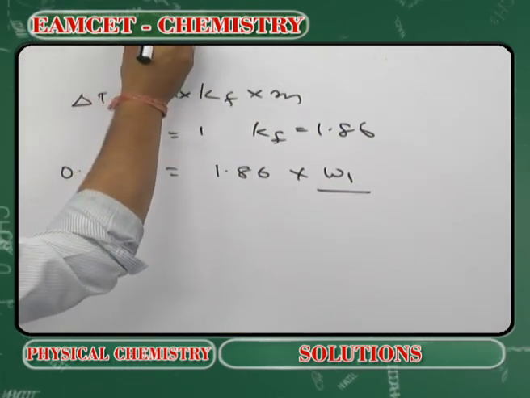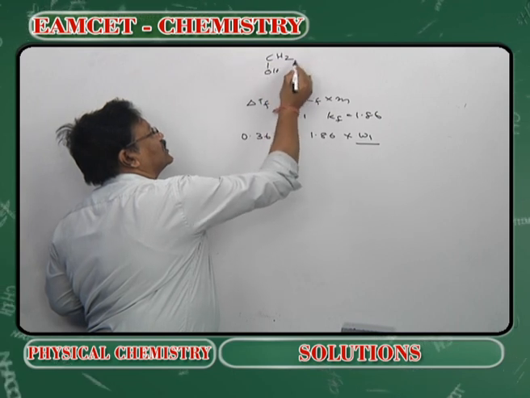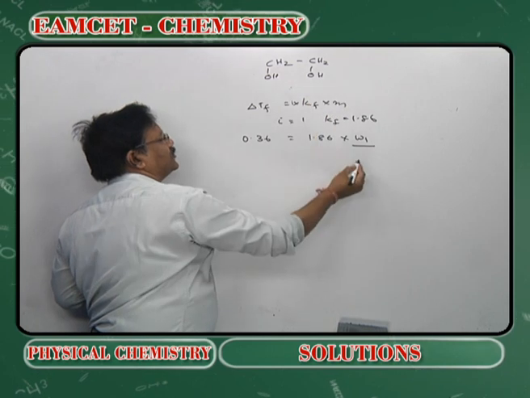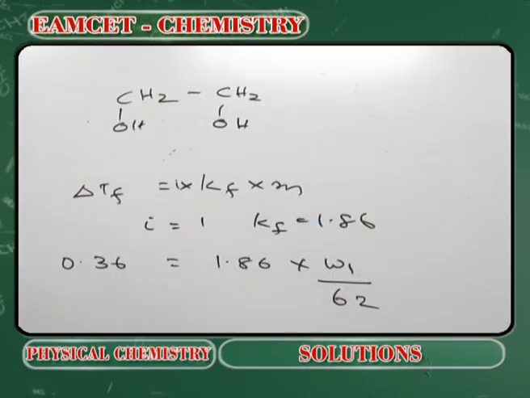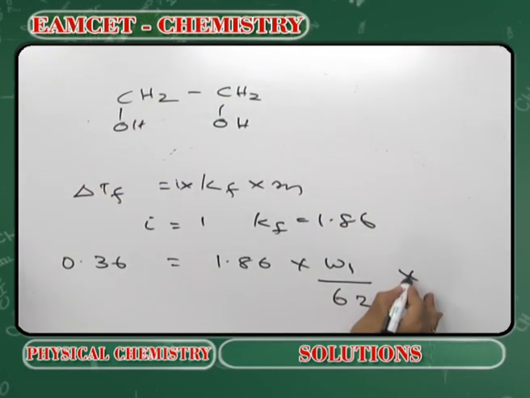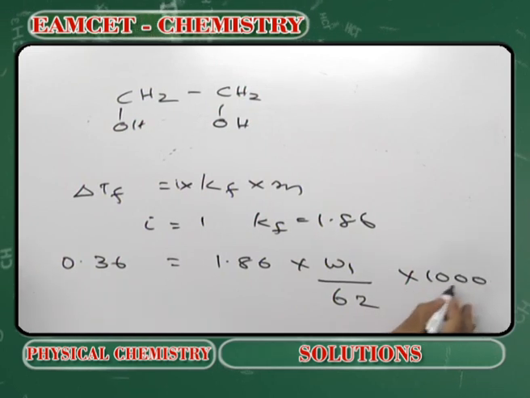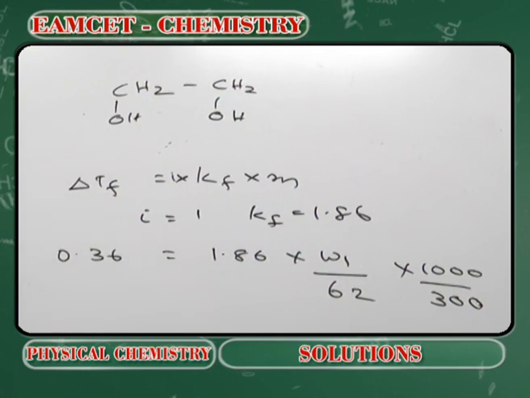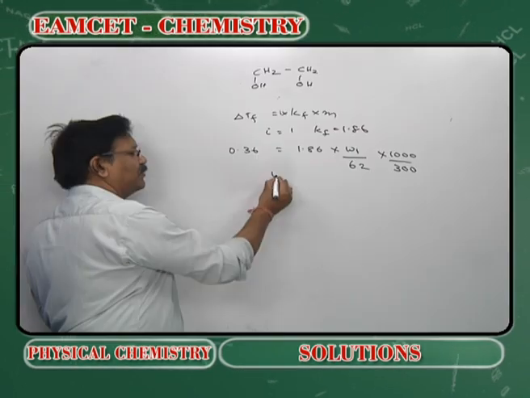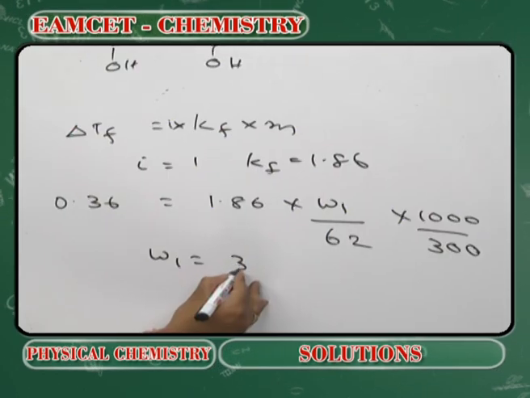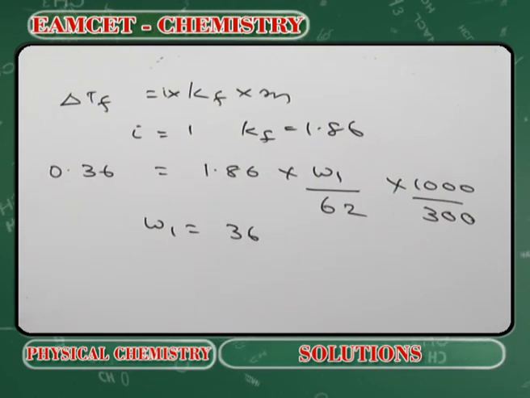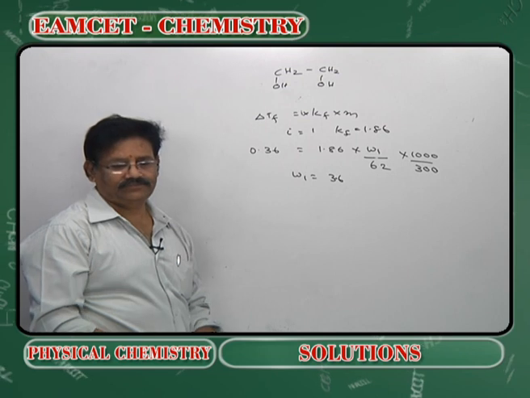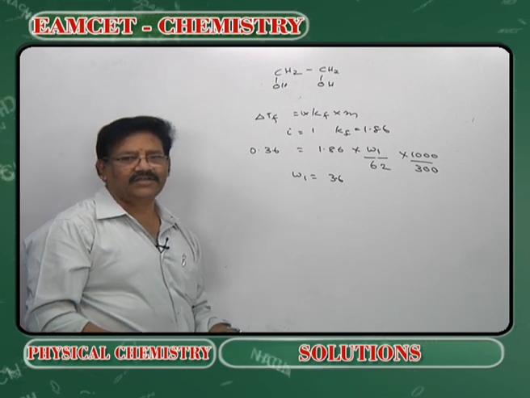Ethylene glycol is CH2OH, it is 62, and 1000 by 300. So calculating, W1 will be around 3.6 grams. Thank you. We'll continue in the next class.